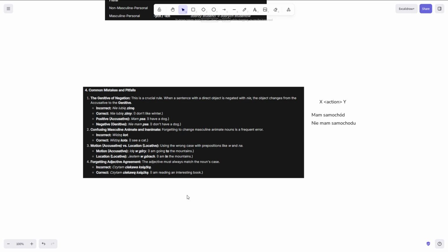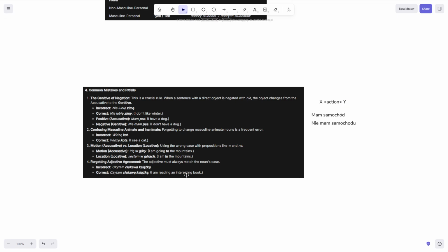Therefore, they are just getting the same case as the noun, okay? You can just focus on the noun first and focus on this structure. And then if you figure out that, okay, Y needs to be in accusative, then if you want to put some adjective describing Y, it will have the same case as Y, okay?